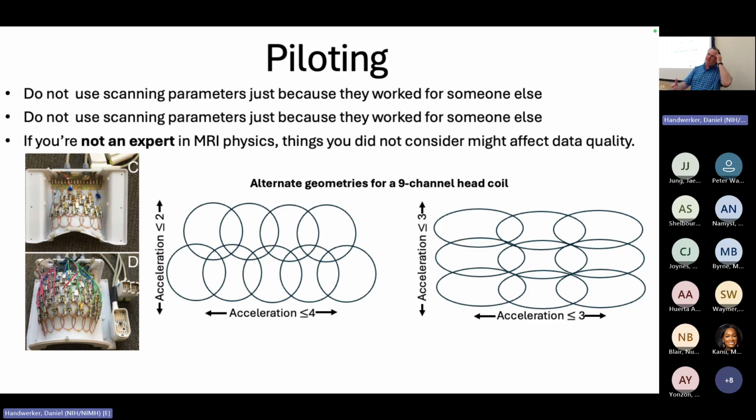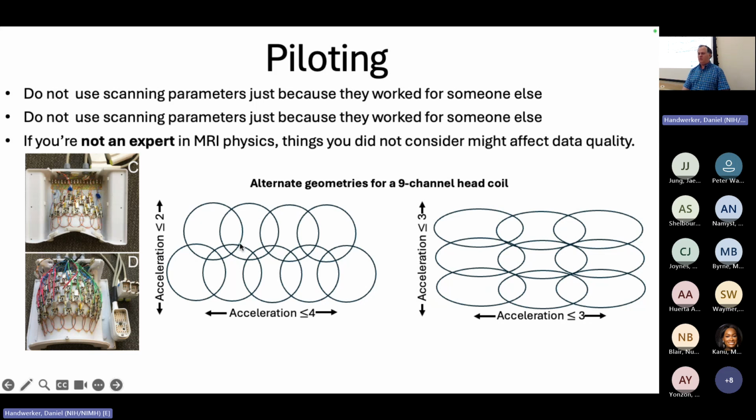It's the equivalent of having multiple microphones around the room. If you have a microphone in a corner and one person is speaking, the volume each microphone receives might tell you where I am standing in this room. So acceleration is the same thing. But how you accelerate depends on where these coils are.